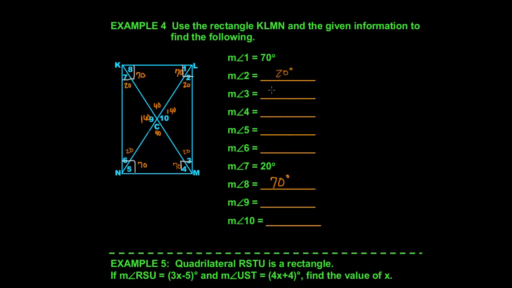The measure of angle 3, 20 degrees. Measure of angle 4, 70 degrees. Measure of angle 5. We can just rattle off everything right here. We've got everything solved. All we have to do is look over and find the correct numbers.